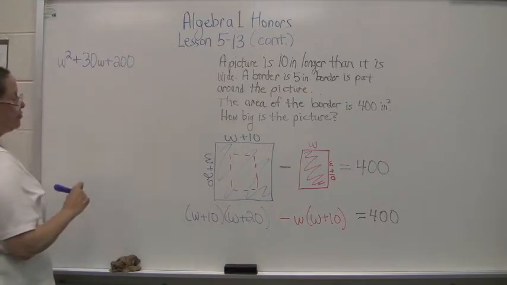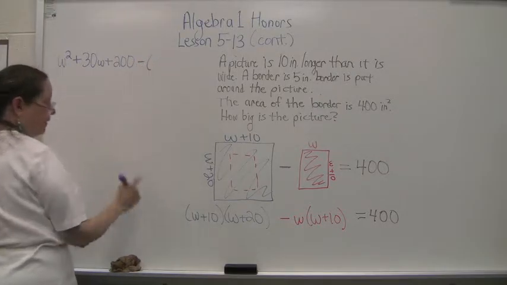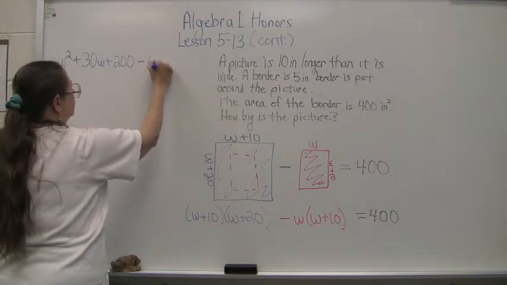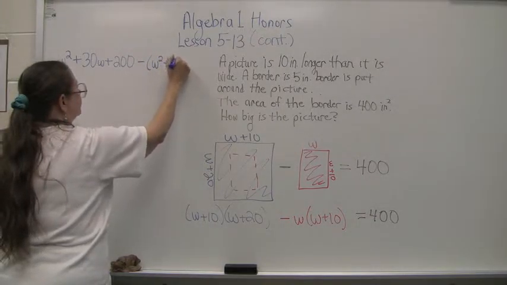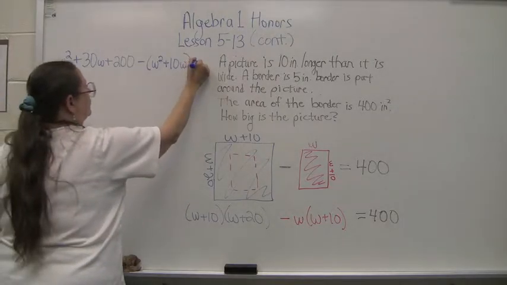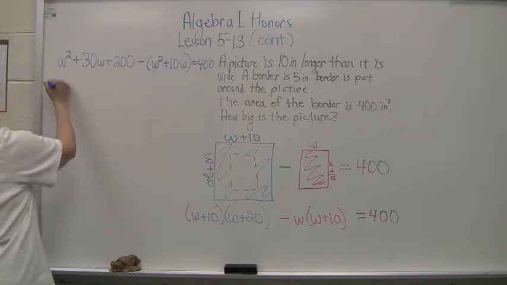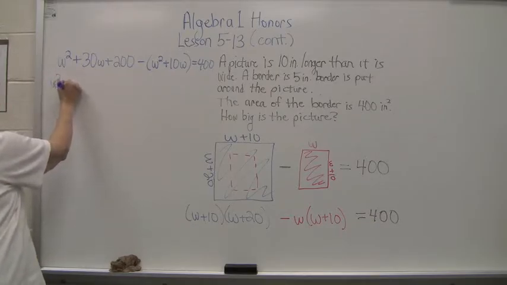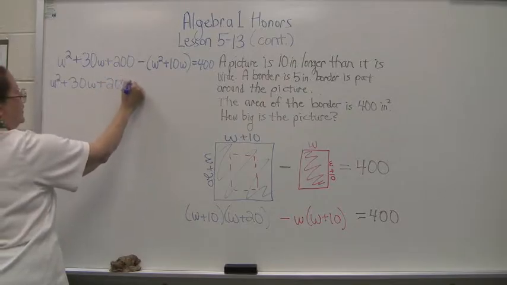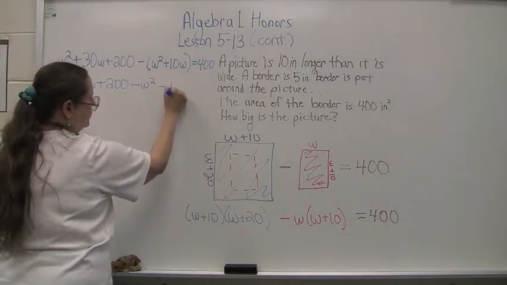Okay, and then we're going to subtract from that the area of our red rectangle, which is W squared plus 10W. Okay, and that has to equal 400.